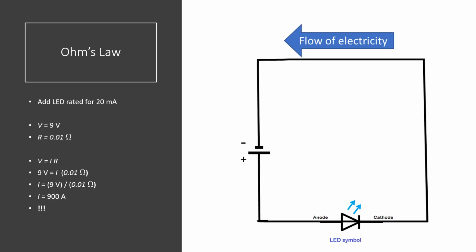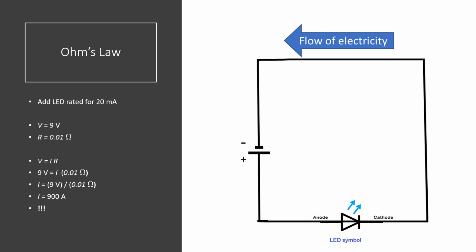So let's imagine that we wanted to add an LED. An LED is just simply like a small light. These LEDs are rated for the amperage that they can handle. So you might imagine we're adding one that can handle only 20 milliamps. In this circuit here, we have no resistor, only the resistance of the wires, and I've represented that by 0.01 ohms. So we're going to substitute into Ohm's law.